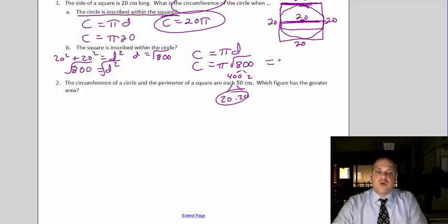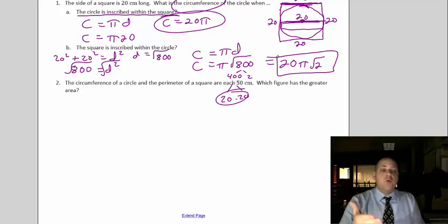So this is going to be 20 pi radical 2. That's in terms of pi, and that's in radical form. If you wanted the actual value, you could just type that right in your calculator, and you would get that value as well.